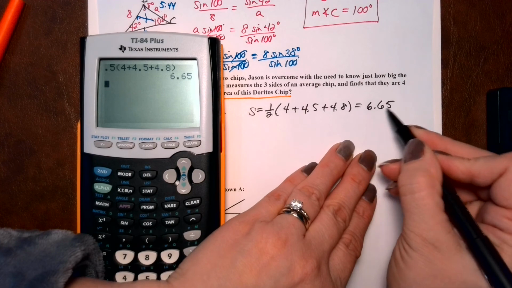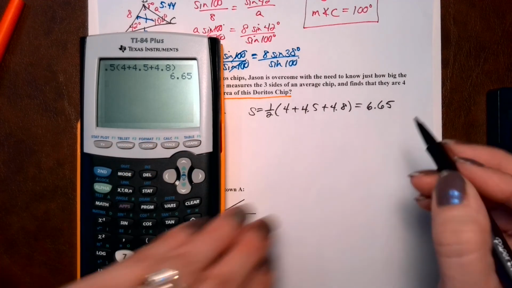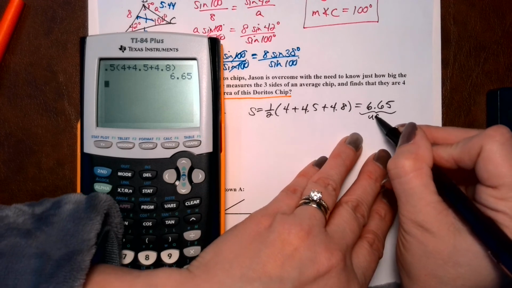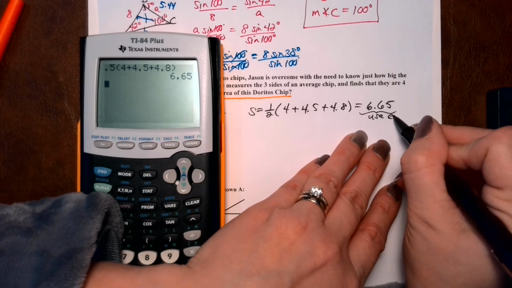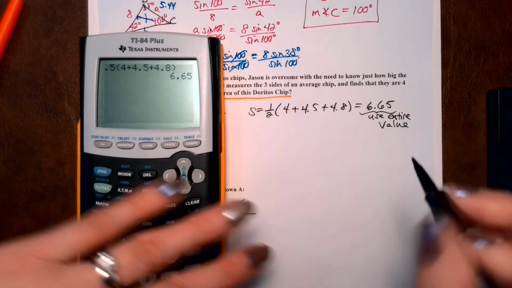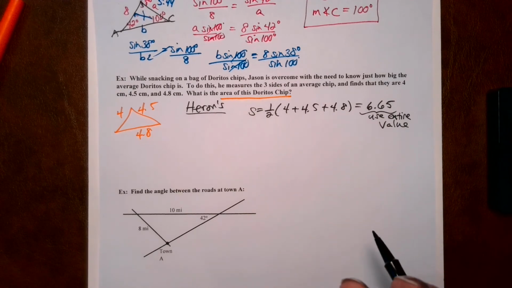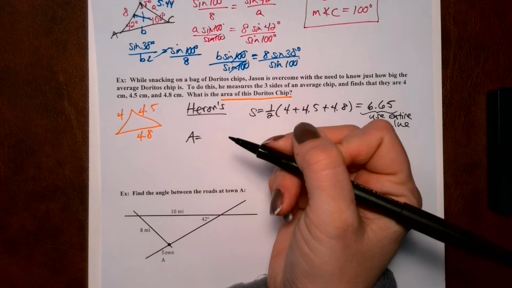Now that's exact. That's not chopping anything off. I'm going to use this entire value so that I have more accuracy in my answer. Don't round that to 6.7. All right, the second step will be to calculate the area.